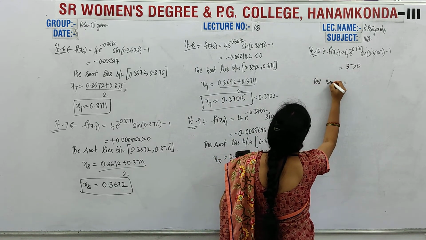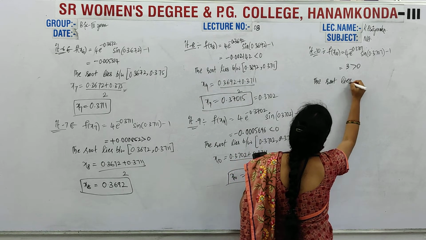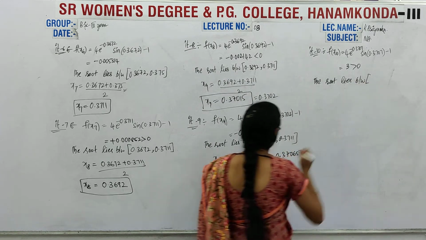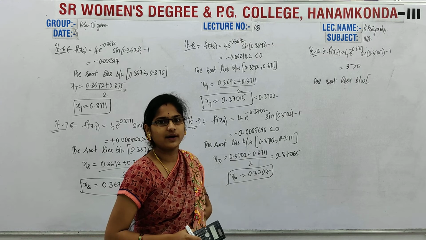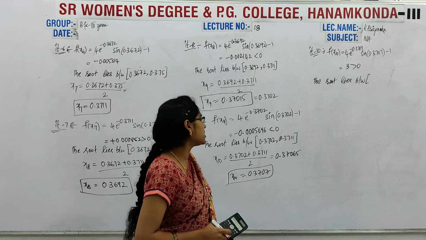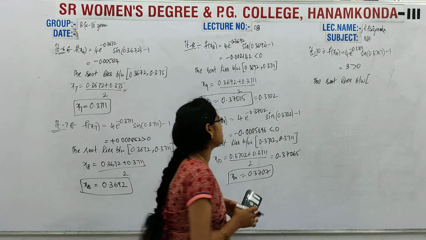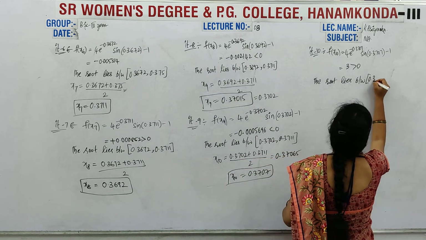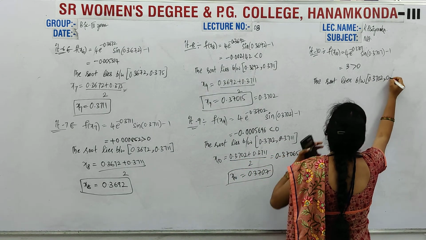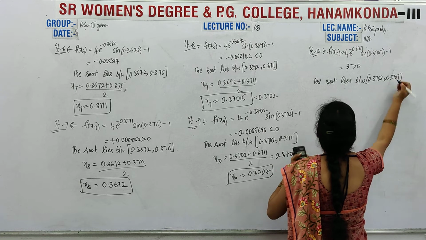Therefore, the root lies between. Where the root lies? So now here we have to take the negative one and positive one. So negative value is 0.3702, 0.3702 comma 0.3707.